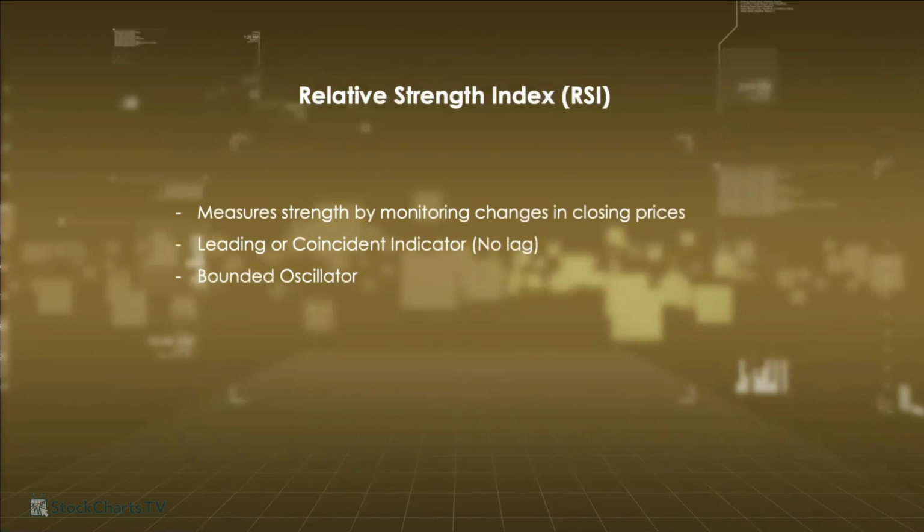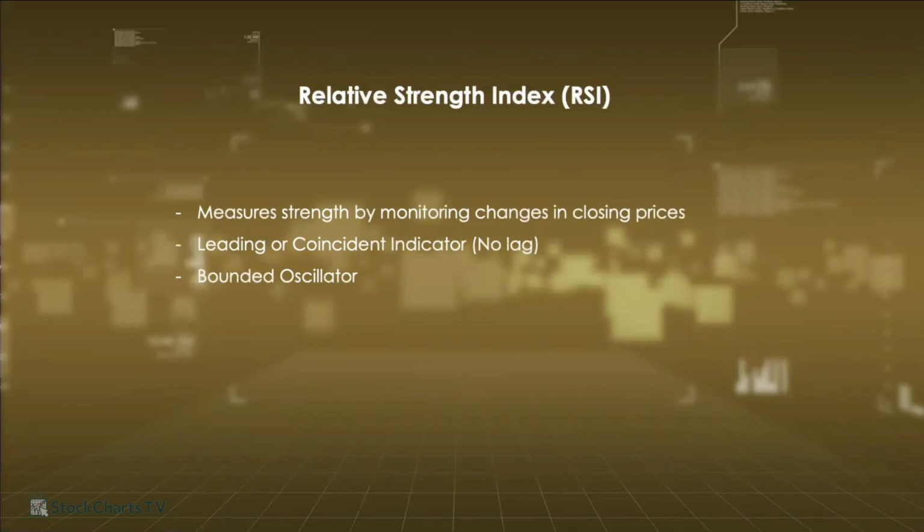While this doesn't necessarily measure the relative strength of, for example, Ford versus GM, you can look at whether it's overbought or oversold because it's bounded.